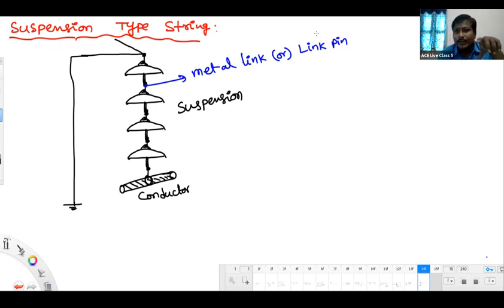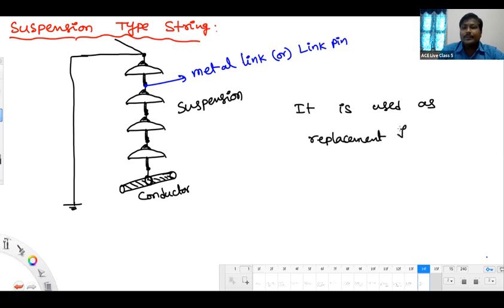Moreover, the suspension type string is used as a replacement for pin type insulator.